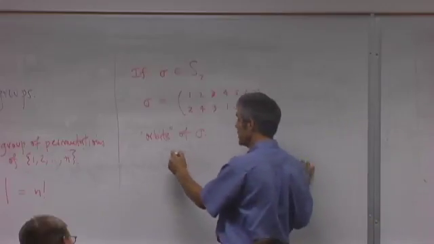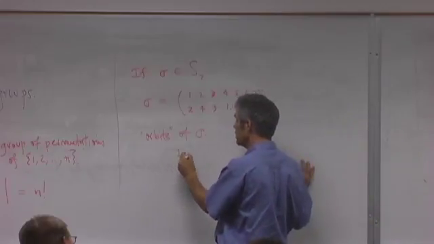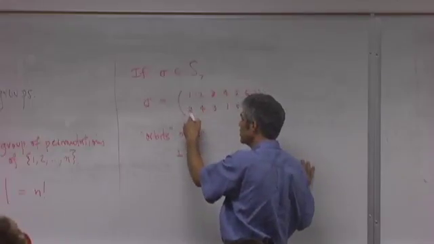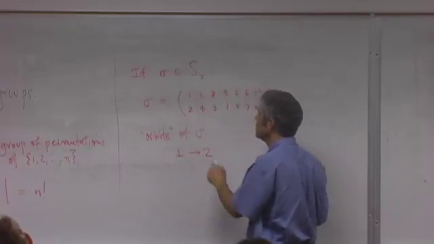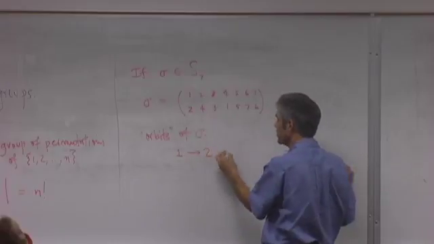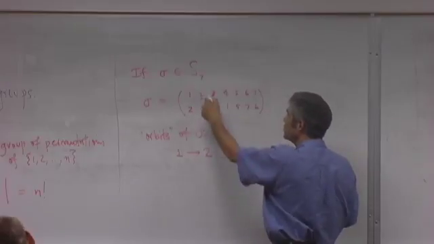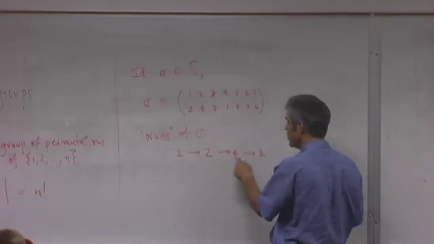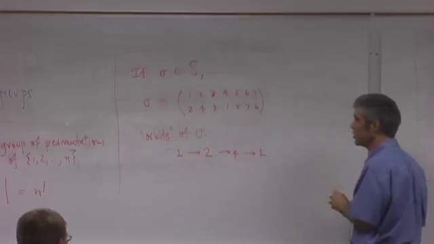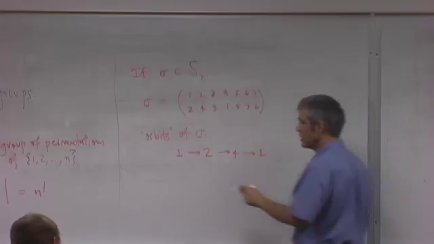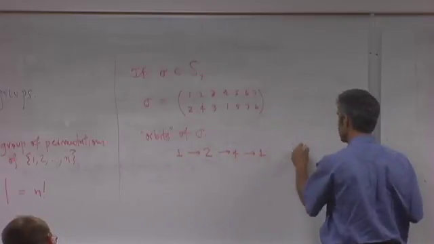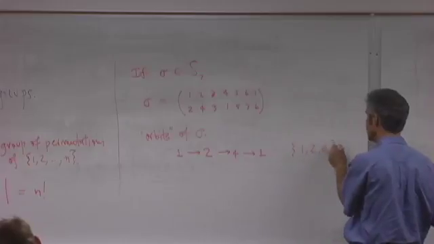So if I start with 1, when you run it through the permutation sigma, it becomes 2. In turn, 2 becomes 4. And in turn, 4 becomes 1. And once you get back to where you started, we're going to call this a cycle or an orbit corresponding to the element 1. So we get this subset, 1, 2, and 4.